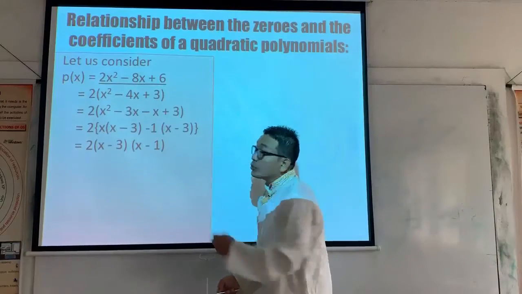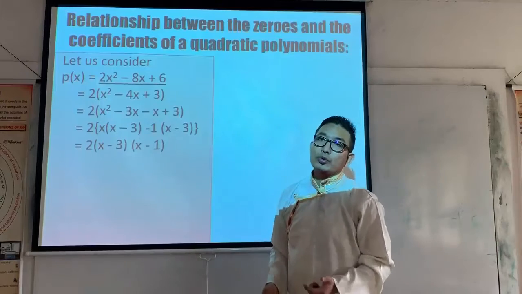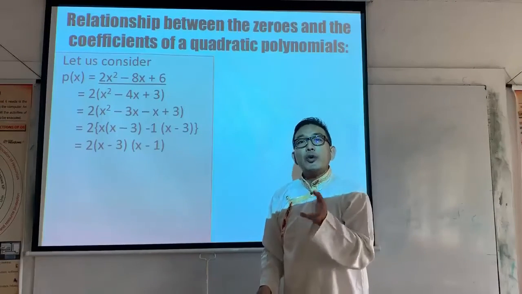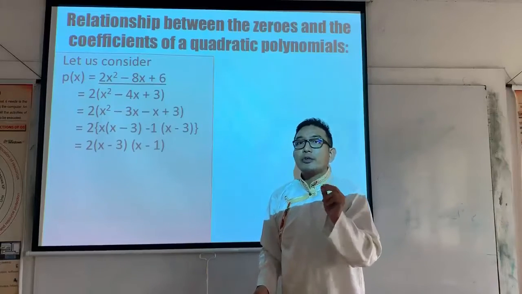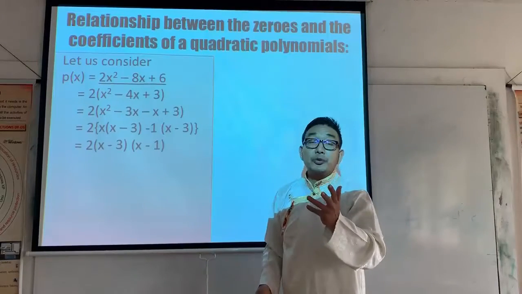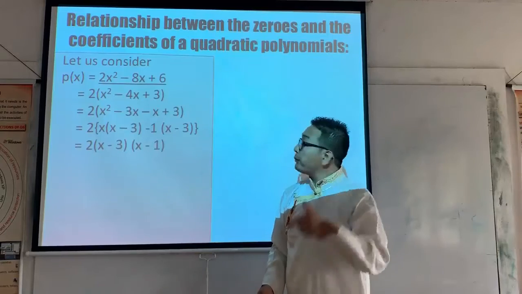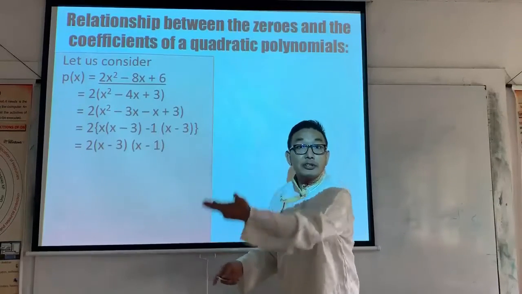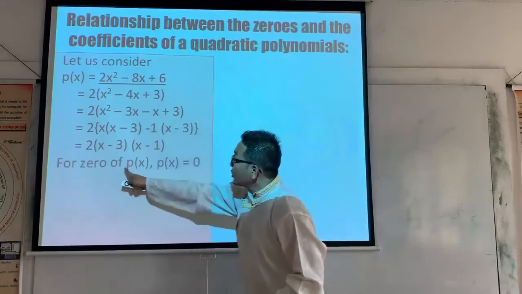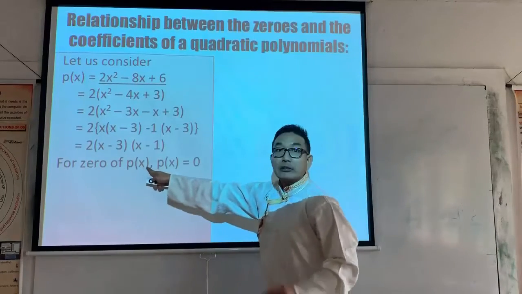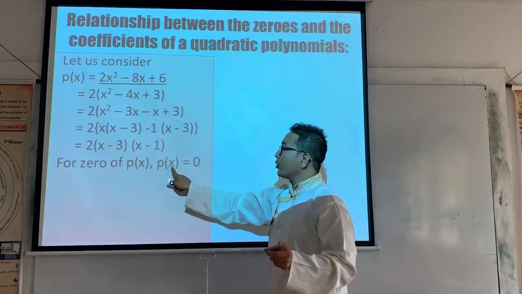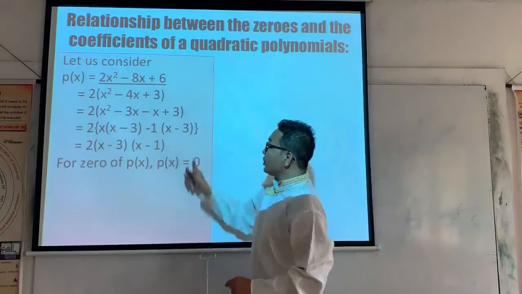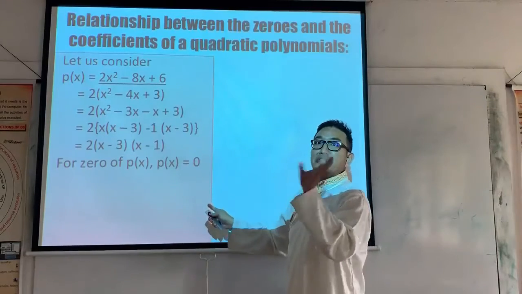Then we find the zeros of the polynomial. To find the zeros of a quadratic polynomial you have to use factorization of the trinomial by middle term splitting or identities. Otherwise use trial and error: the value of x for which the polynomial equals zero is a zero.